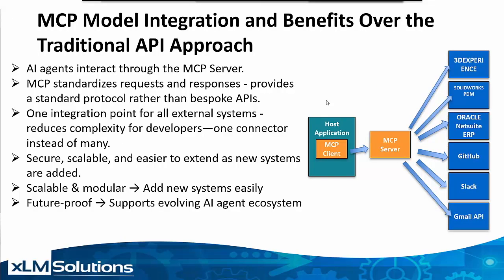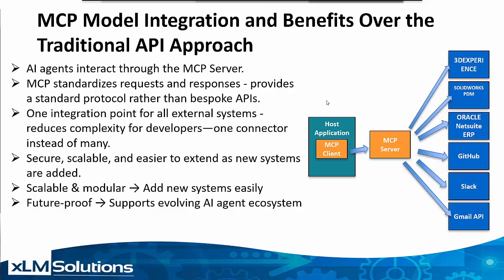So the focus in today's demo and presentation is on the MCP model, or standard, for building such integrations or extending your AI model's capability by interacting with external systems, and the benefits over the traditional API approach.